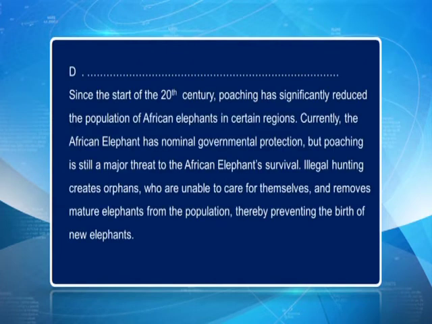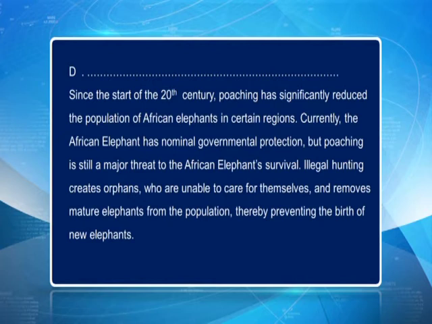Our next paragraph has an opening sentence as usual, and then it mentions, since the start of the 20th century, poaching has significantly reduced the population of African elephants in certain regions. This paragraph talks about another type of animals, which is the African elephant.